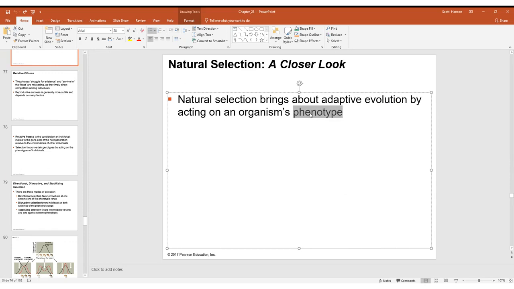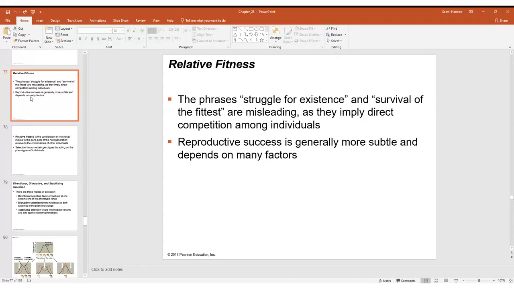And remember, phenotype is the trait or characteristic that's caused by the genes or alleles that an organism has. The phrases struggle for existence and survival of the fittest are a little bit misleading because they imply direct competition among individuals.